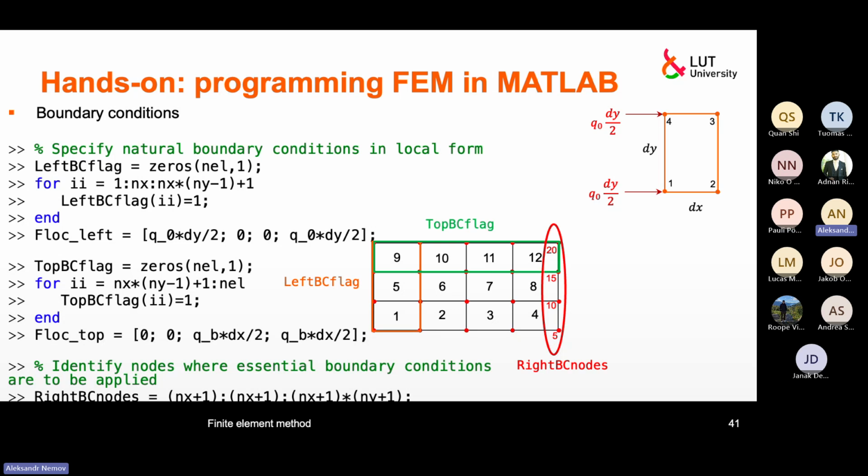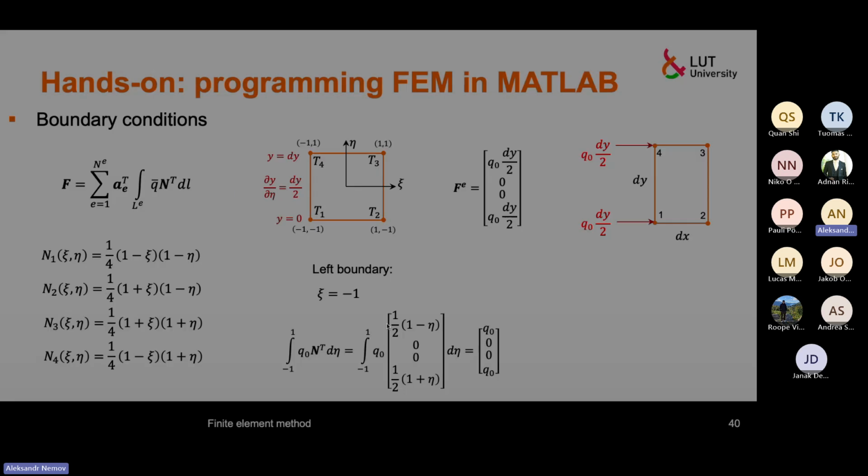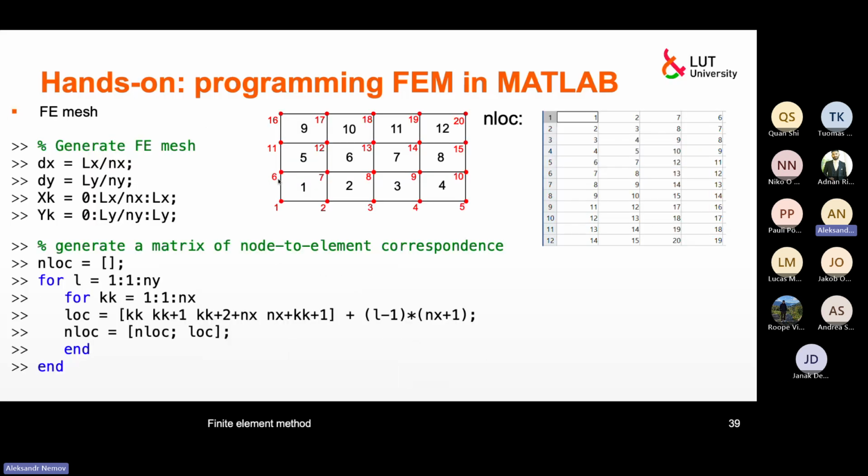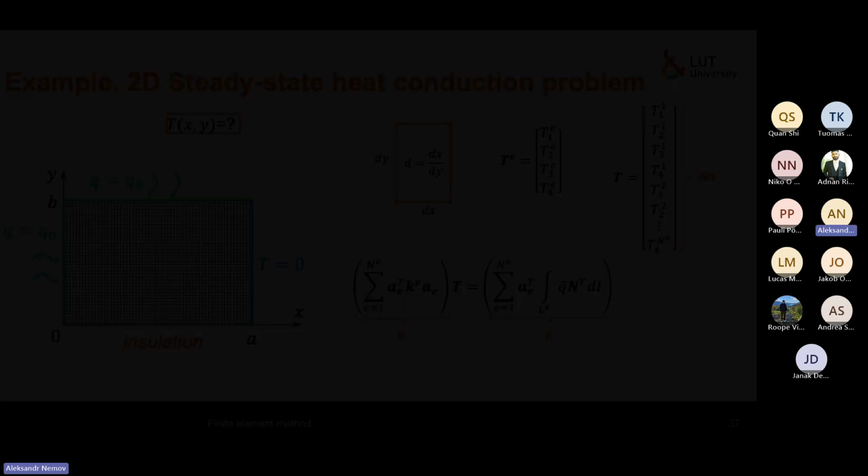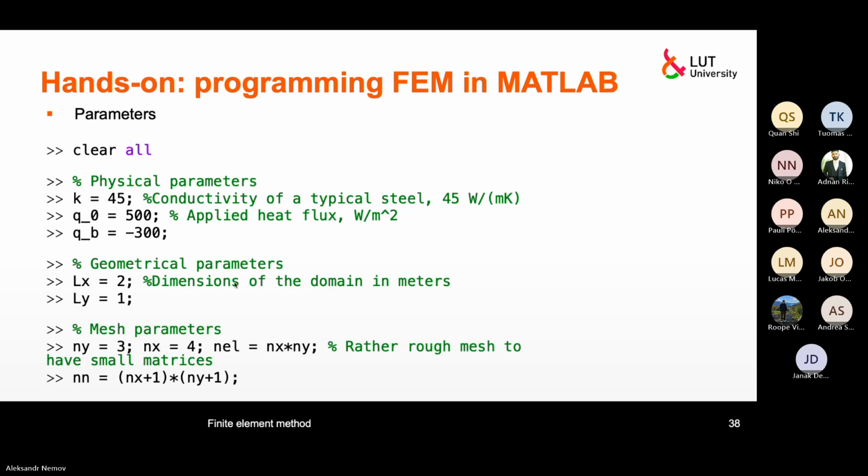Okay, what is F? Let's have a look at nodes number 1 and 6. What do you have there? I don't know what F is. But for me, it's minus or something. So this Q0 is 500 and QB minus 300.